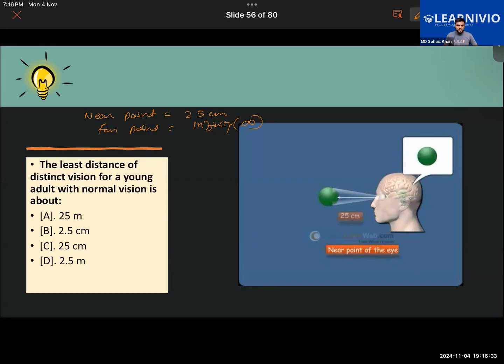So a normal eye can see distant objects and it can see nearby objects also, by focusing the image of distant objects as well as nearby objects on the retina. How is it able to focus objects kept very far away and kept nearby? By changing the shape of the lens. Haven't we learned about this? The shape of the eye lens is not fixed. It can be thickened and it can be flattened with the help of the ciliary muscles.